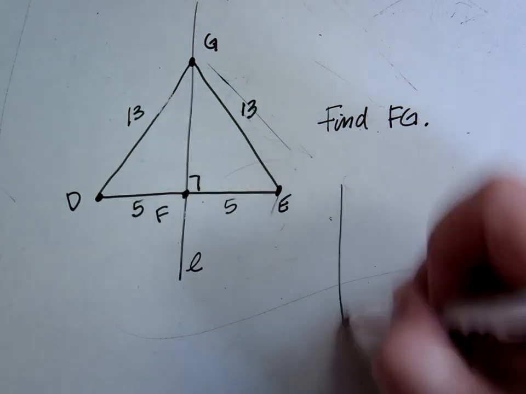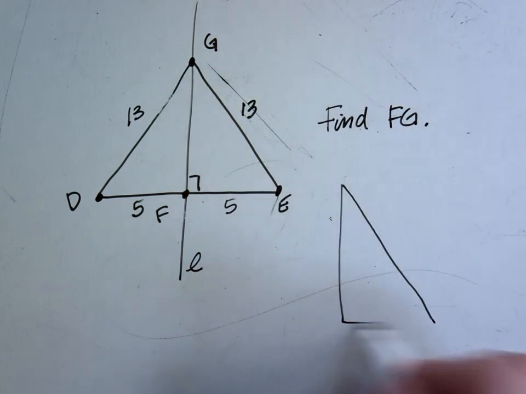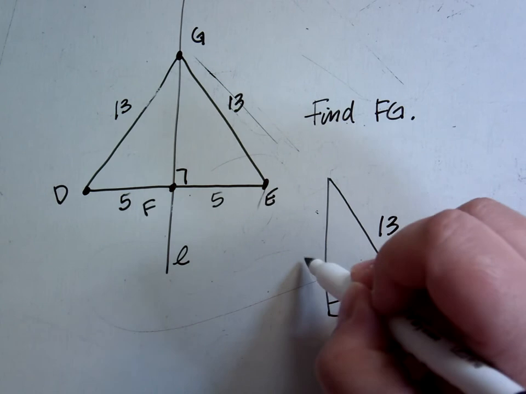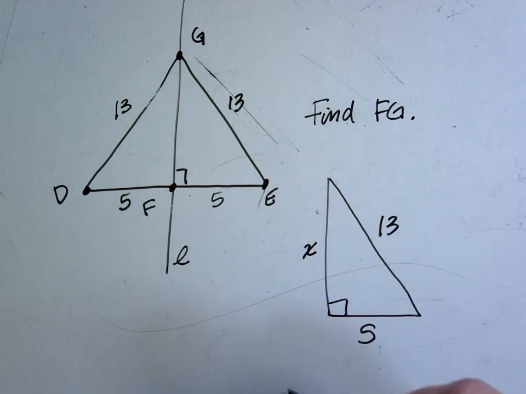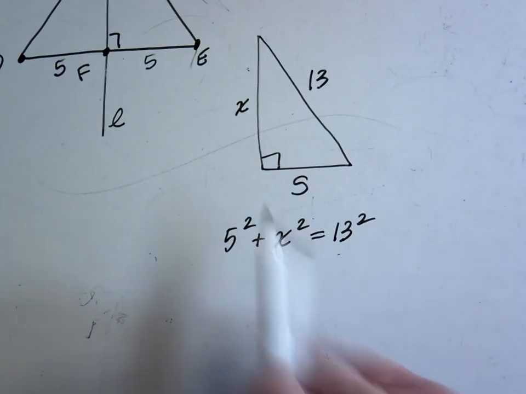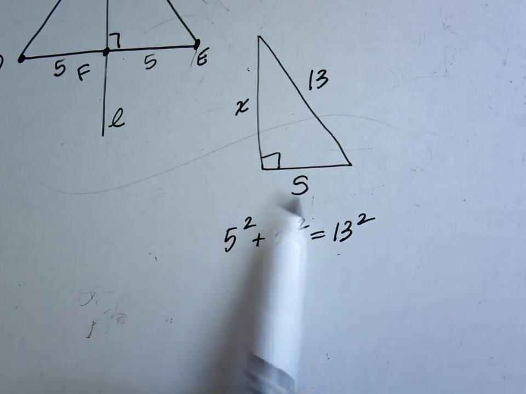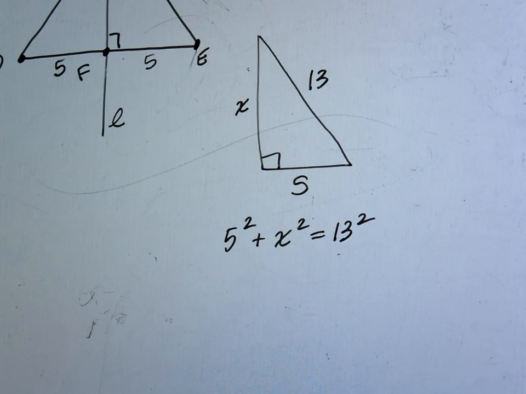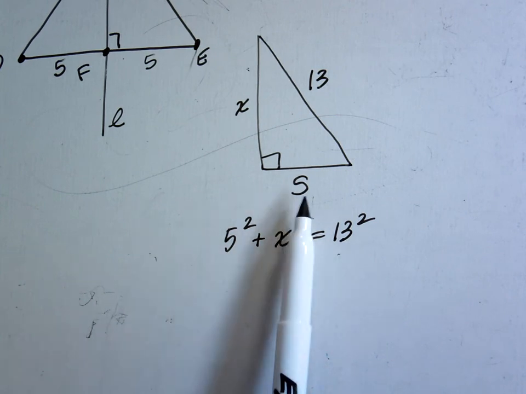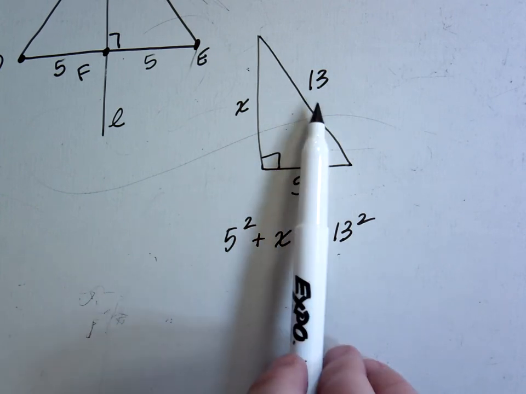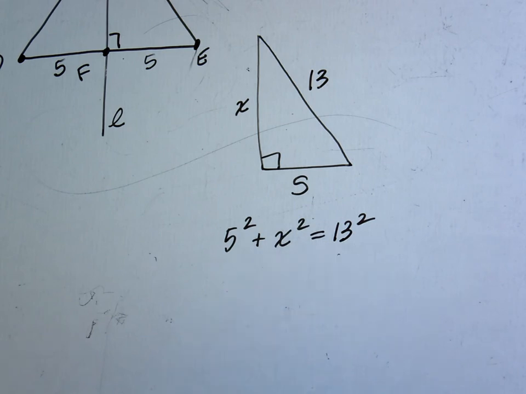So I can take one of them and use the Pythagorean theorem and say, let's call this x. 5 squared plus x squared equals 13 squared. Remember to set it up: a squared plus b squared equals c squared. A and b are always the legs. I actually like to say leg squared plus leg squared equals hypotenuse squared instead of a, b, and c, because sometimes people forget that it's the hypotenuse that has to be the one by itself over here.